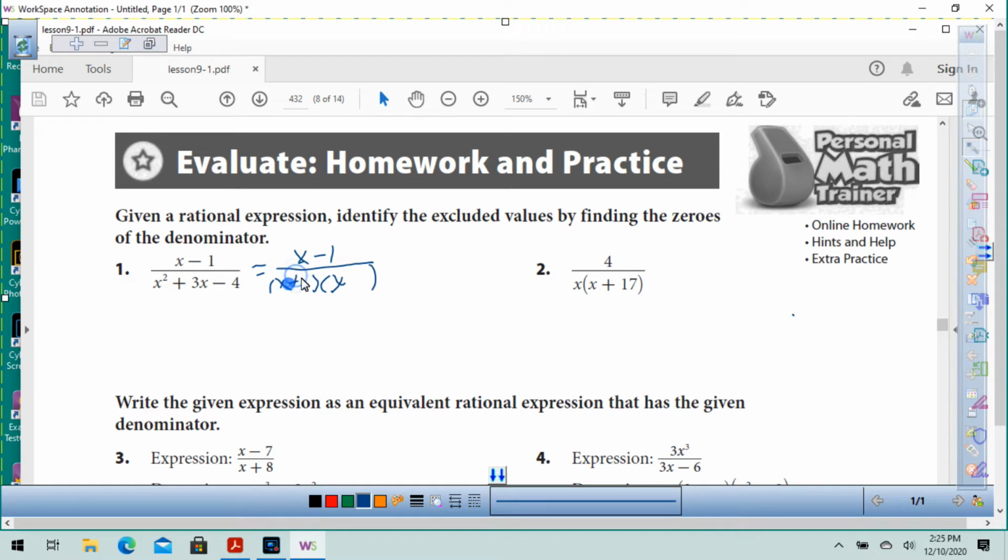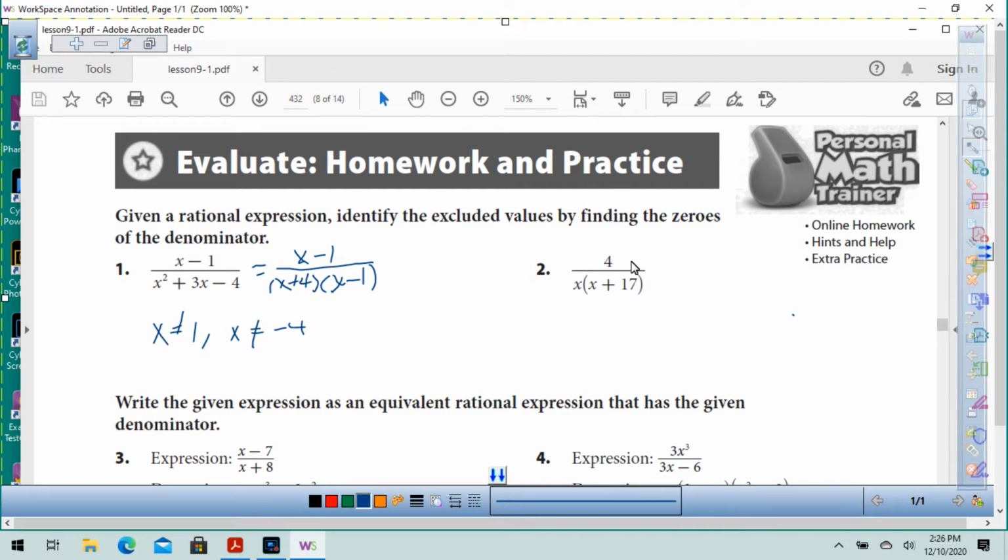I'm going to have plus 4 and minus 1. Okay. So what would be excluded? Anything that would make either one of these go to 0. So x cannot equal 1 because 1 minus 1 is 0. And x cannot equal negative 4 because negative 4 plus 4 would be 0.